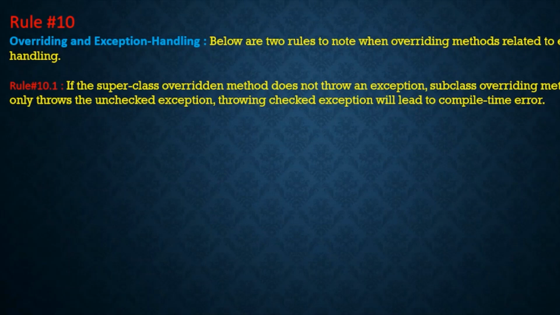So if the superclass method does not throw any exception, the subclass overridden method can throw an unchecked exception or no exception, but should not throw a checked exception. If the subclass overridden method tries to throw a checked exception, then the compiler will throw an error.